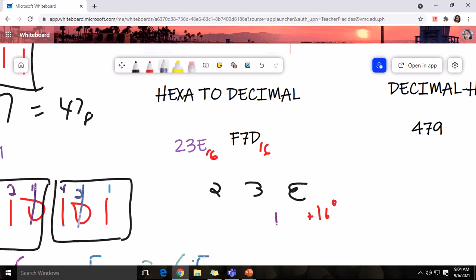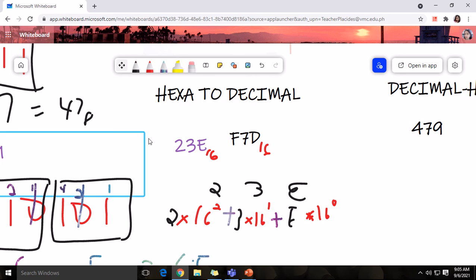Then add, and then 16 raised to 1 multiplied, and then add, and then 16 raised to 2 multiplied. So what I have to do is copy the 2, copy the 3, and copy the E. What is the equivalent of E?